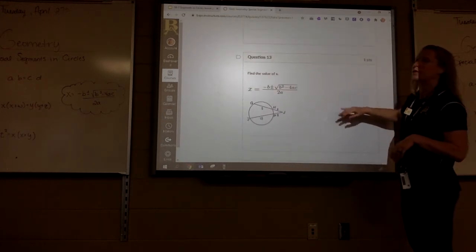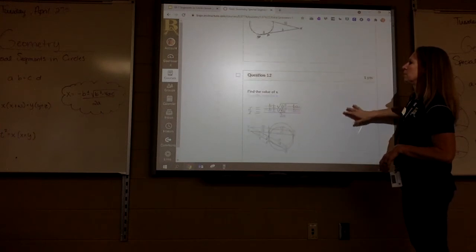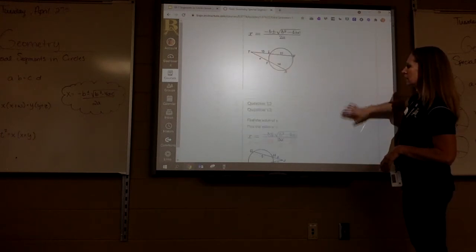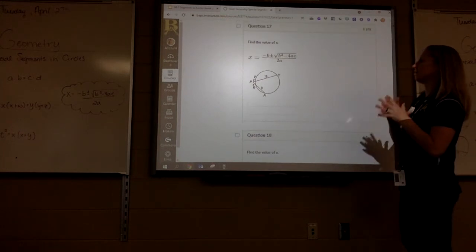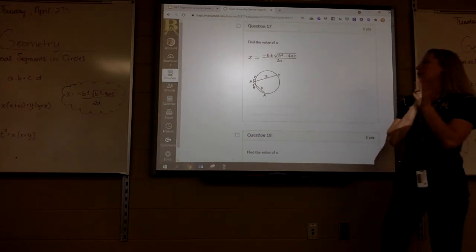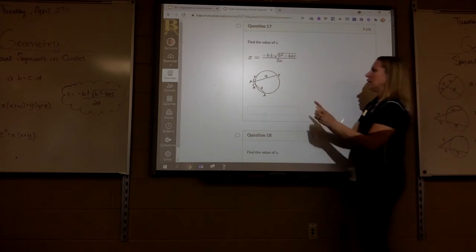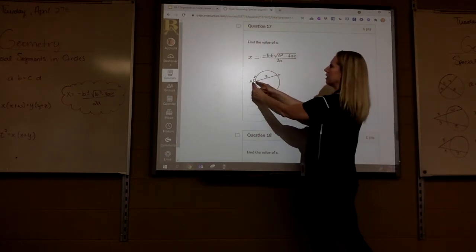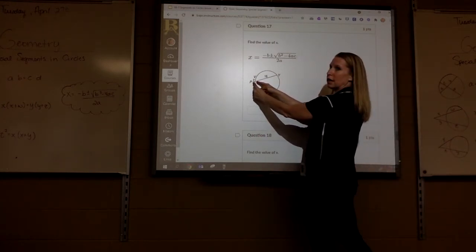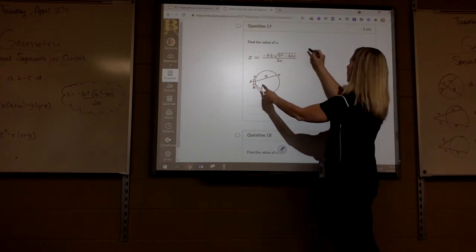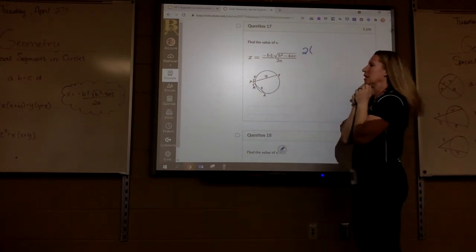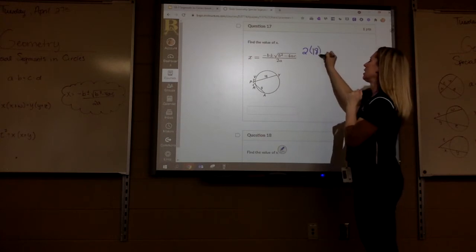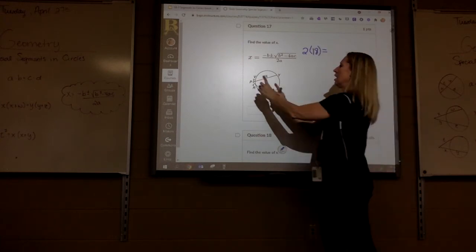Pick one. Find one that you want me to do. 17. 17? All right, let's do 17. So, outside piece, which is 2, do you guys see that? 2 times the entire length. What's that entire length? 18 equals outside piece.